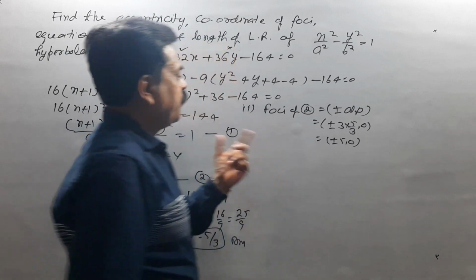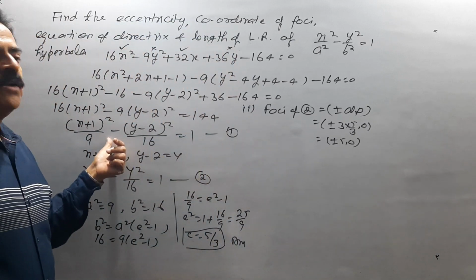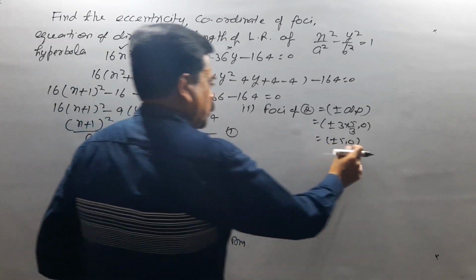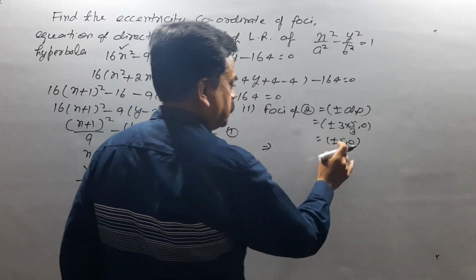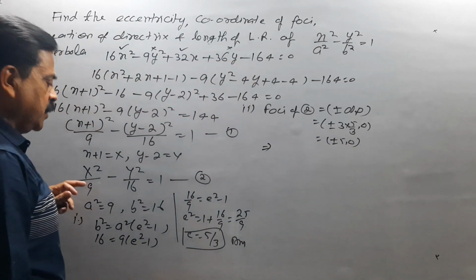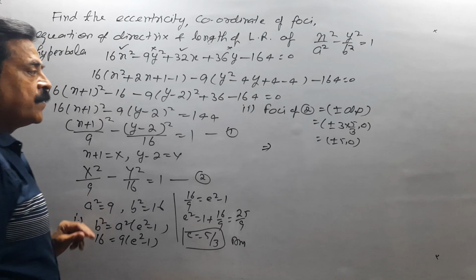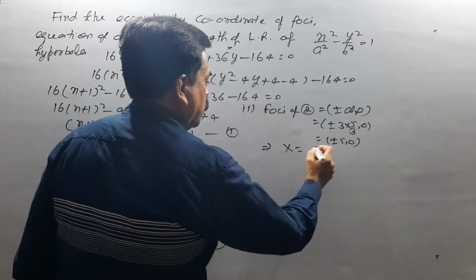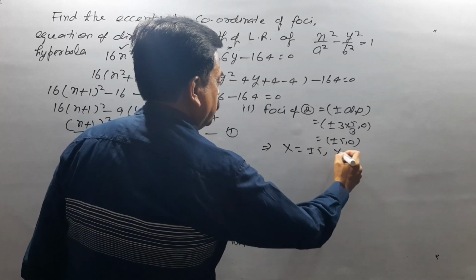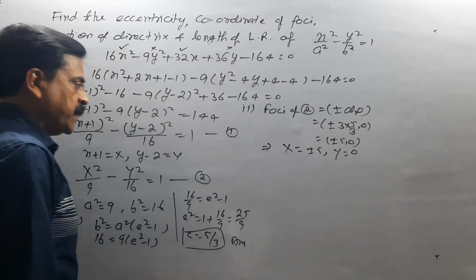And now we have to find the foci of hyperbola 1. So these coordinates show the abscissa and ordinate of foci. So capital X is equal to plus minus 5 and capital Y equals 0.